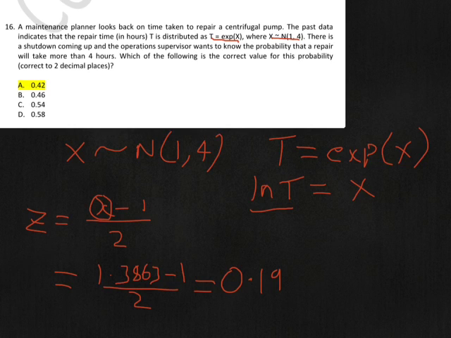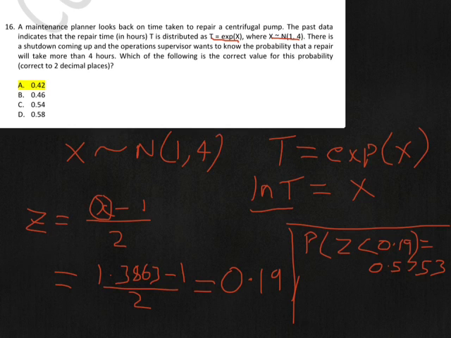So go down to z equals 0.1, go all the way across to the 0.09 column to give z equals 0.19, and we're going to have the probability of z being less than 0.19 is equal to 0.5753.